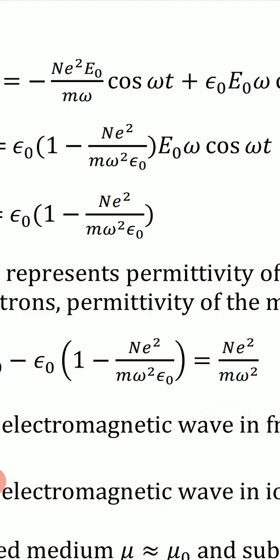We write it as epsilon 0 into 1 minus N e square upon m omega square epsilon 0, into E0 omega cos omega t. Epsilon 0 E0 omega cos omega t is taken as common. The remaining term, which we write inside the bracket, is 1 minus N e square upon m omega square epsilon 0.